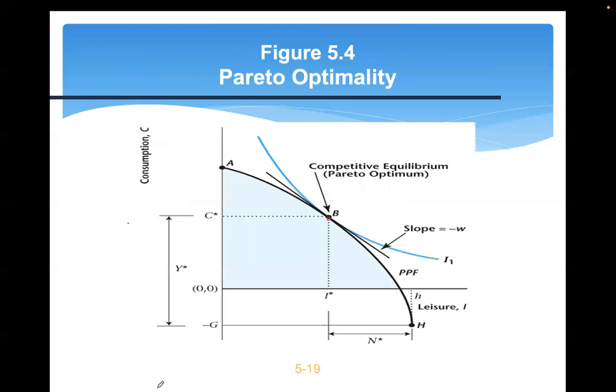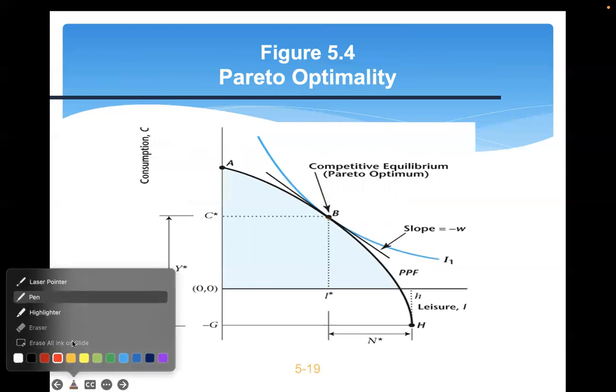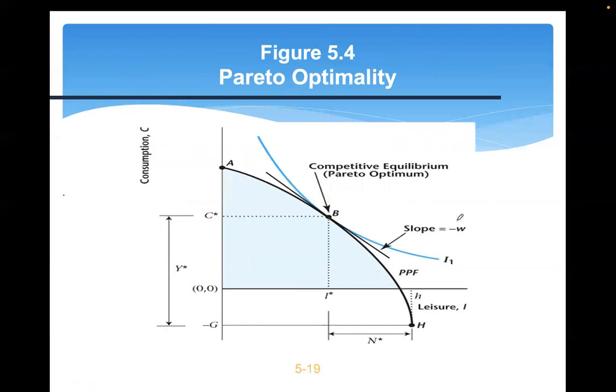These three are equal to each other, and let's understand what that means. From this line, you get the marginal rate of transformation. From this line, you get the marginal rate of substitution. And in the middle, you have marginal productivity of labor.